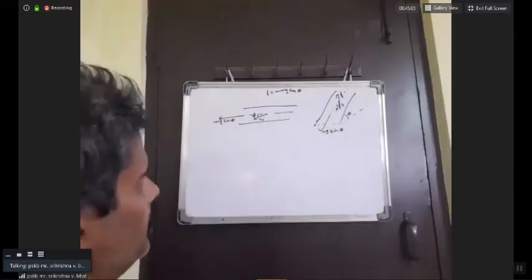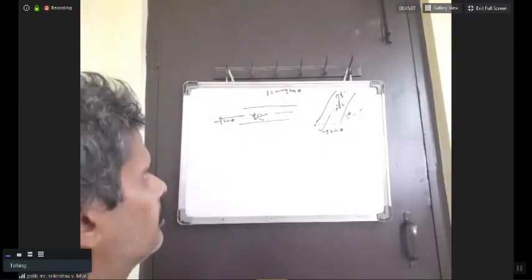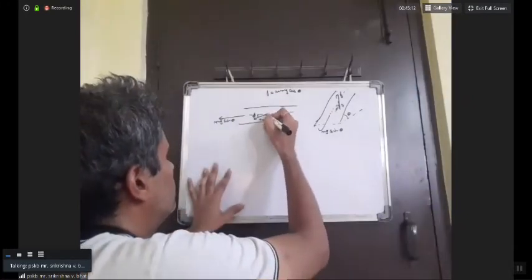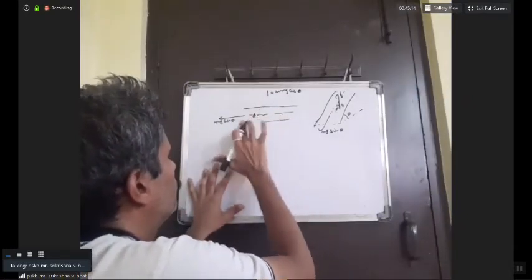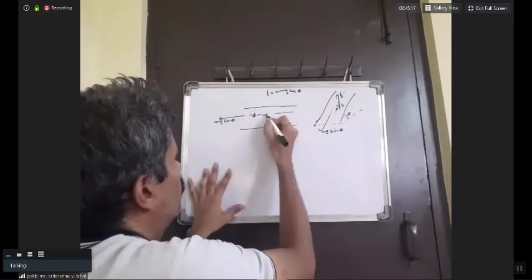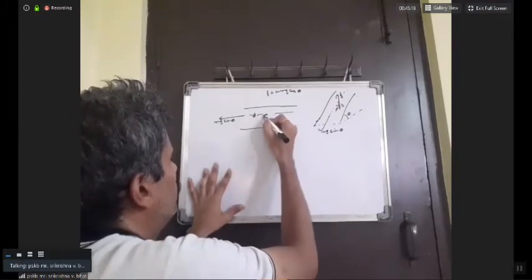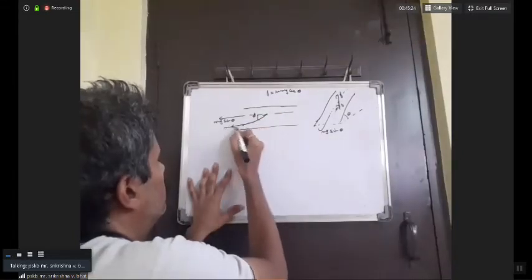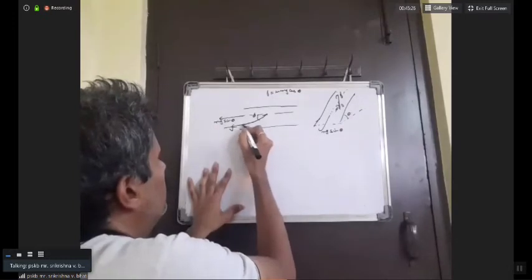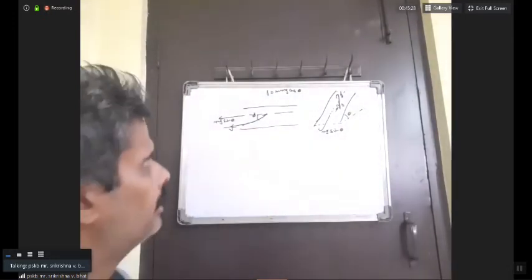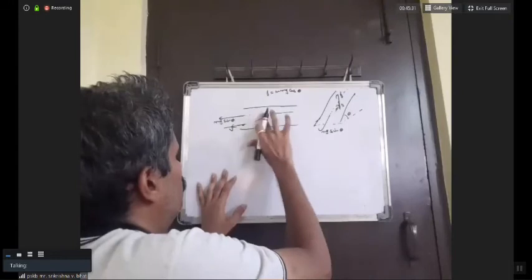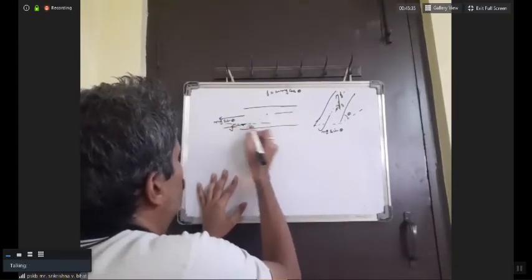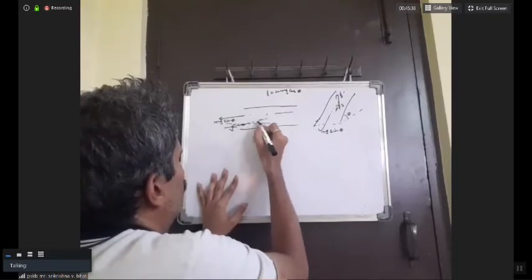In general, at some point of time, as the particle keeps moving this way, it is over here with speed v, and this angle is some alpha.